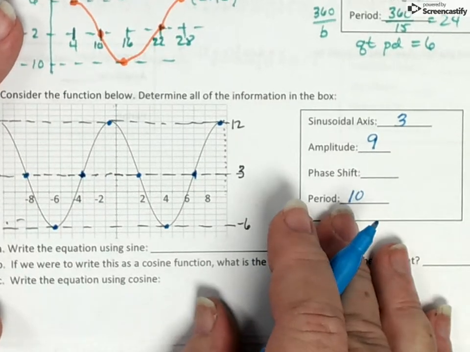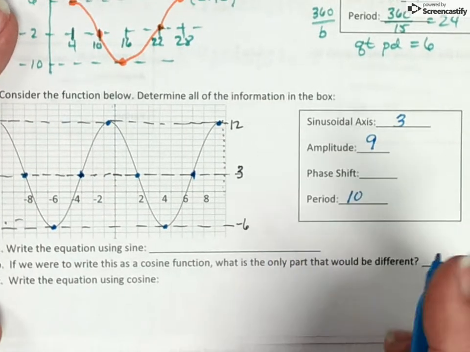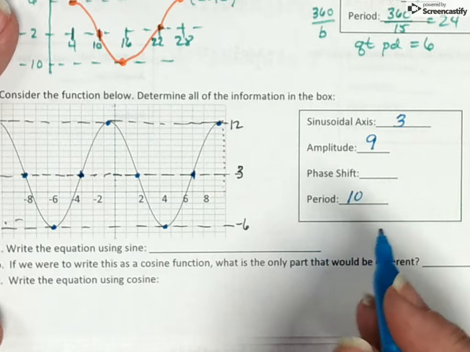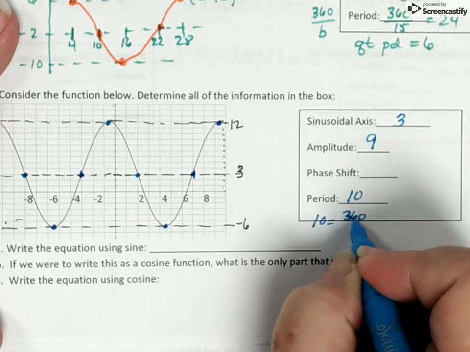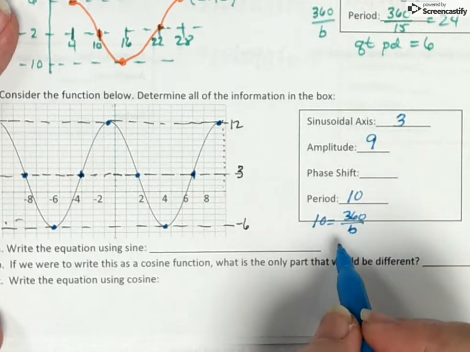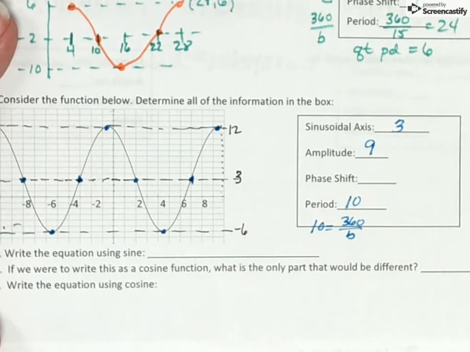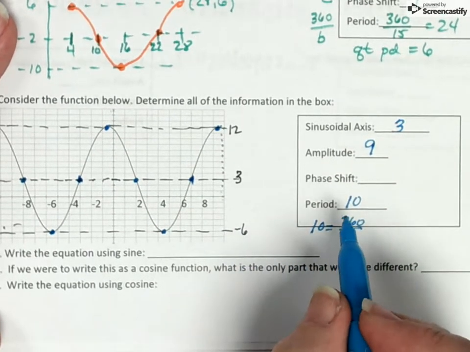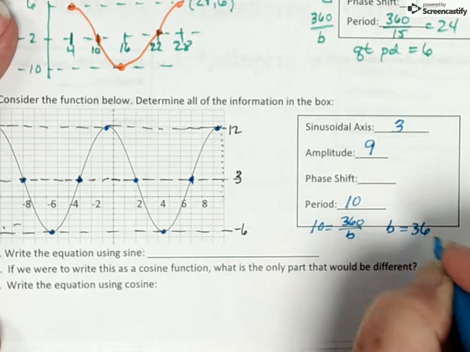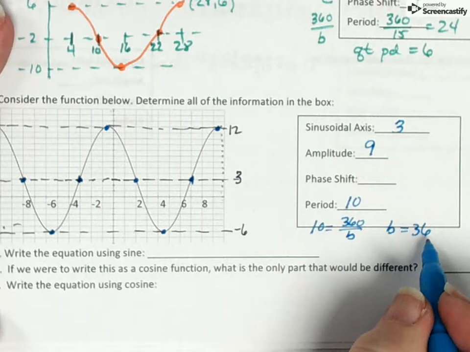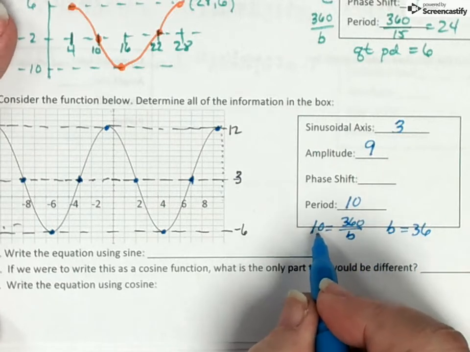We also know that we could find the period by doing 360 divided by b. Well, if we know the period, we can set that equal to 360 divided by b and solve for our new value. 360 divided by 36, if b was 36, if my period constant was 36, that would give me a period length of 10.